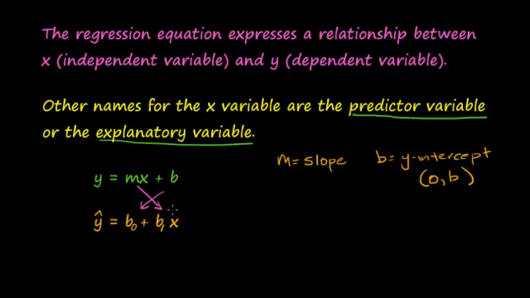From that we can see that b sub 1 represents our slope and b sub 0 represents our y-intercept. It's just the convention to write it this way.